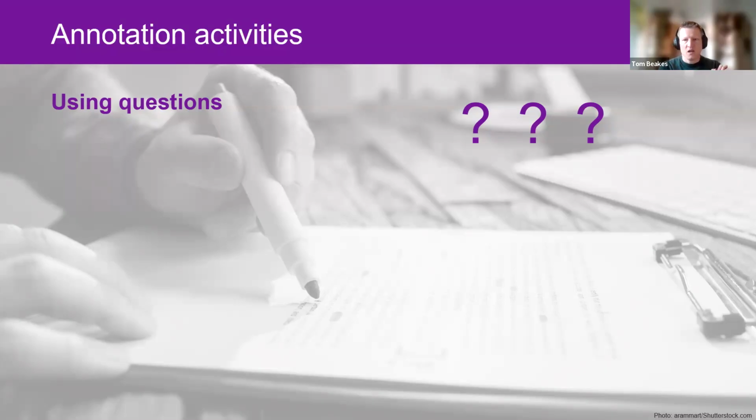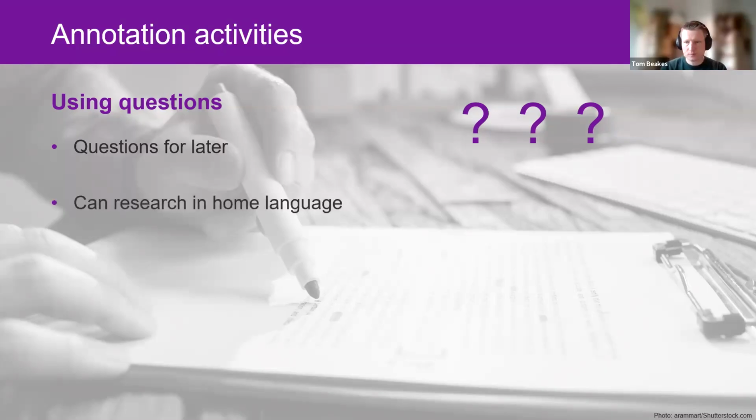And a band C learner, for example, so they're probably understanding most of the text, but there might be specific bits of vocabulary or some of the more complex bits of language that they might be struggling with. So they could write notes to themselves in the form of questions, which the learner could then research later in a home language.